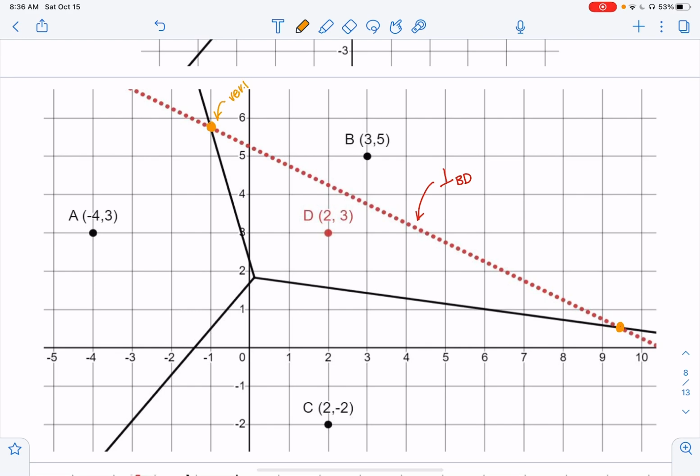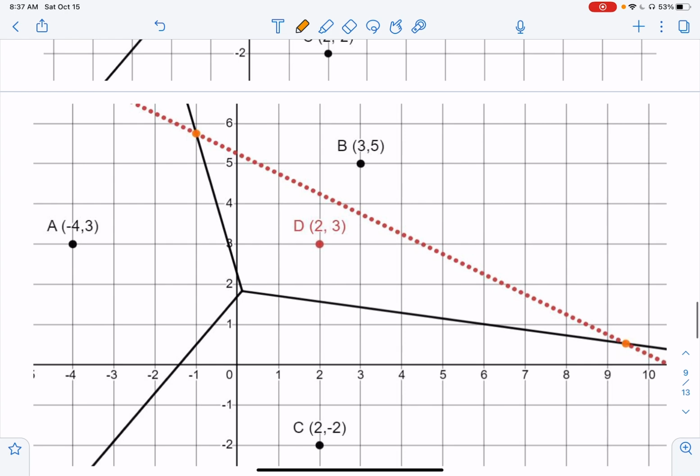So here's a vertex, and here's another new vertex down here. We can find the coordinates of these vertices by solving the system of equations between the perpendicular bisector BD and the equations of the existing edges. If you're not sure how to do that, check out my YouTube channel. There are some videos there on solving systems of equations using your calculator and by hand.